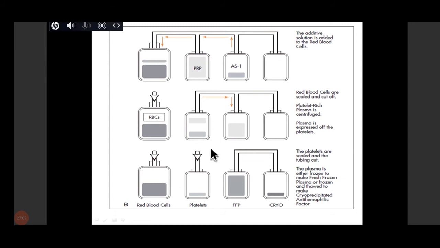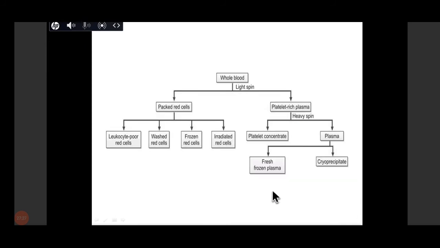This is a process which occurs continuously, and it has to be done after the person is bled. After this, we have the fresh frozen plasma or the cryoprecipitated plasma. This is what you have to know. That is how you separate one whole bag into its components as red cells, platelets, fresh frozen plasma, or cryoprecipitate.